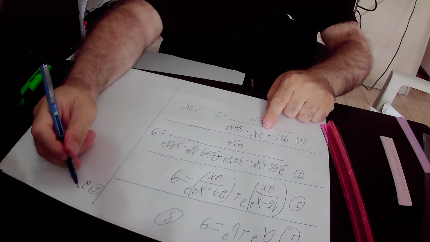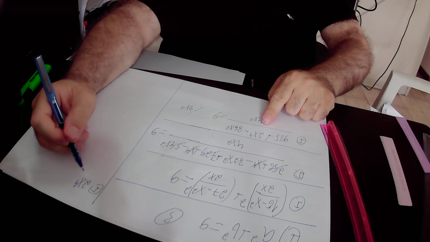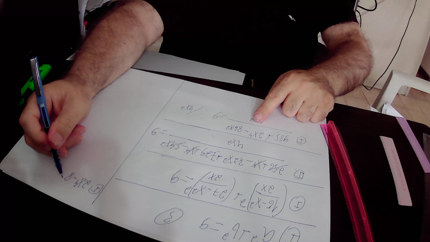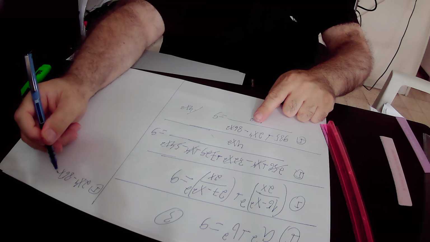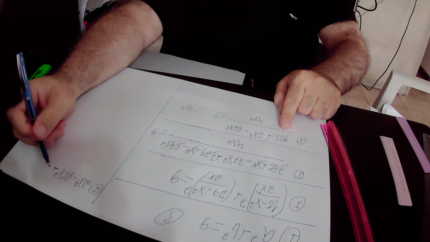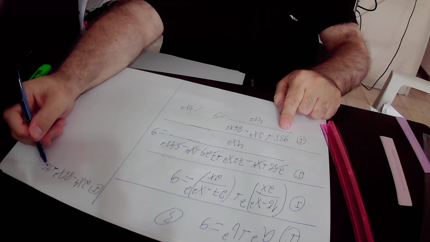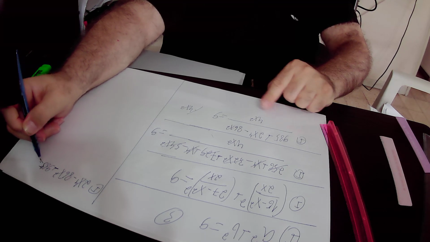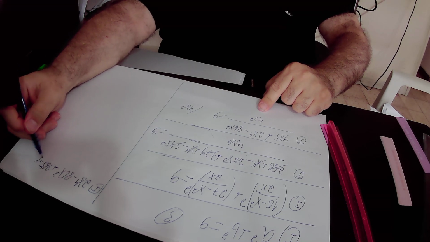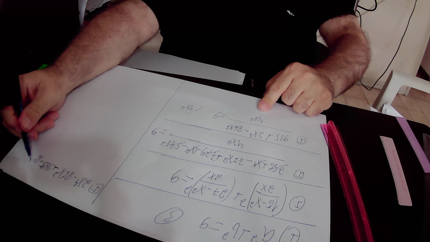2 times x to the power of 4 minus 86x squared plus 985 equals 9 times 4x squared, which is 36x squared.